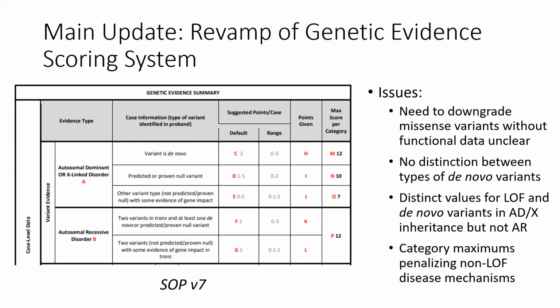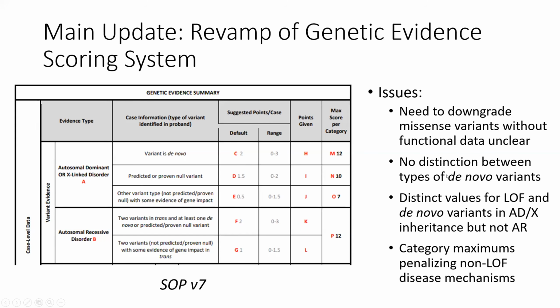We have verbally referred to this in the text of the SOP in previous versions, but you'll notice that the default score was always that 0.5. And really what we had said in the SOP previously was that if your missense variant did not have supportive functional data, you should really be scoring those at a starting point of 0.1, but that was not really clear in what we say the default is. We found that people were kind of missing this part with some evidence of gene impact, so that was one thing we wanted to address.